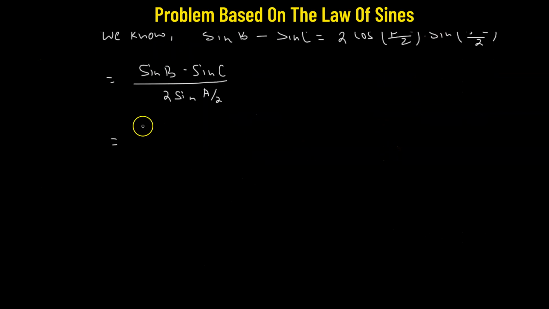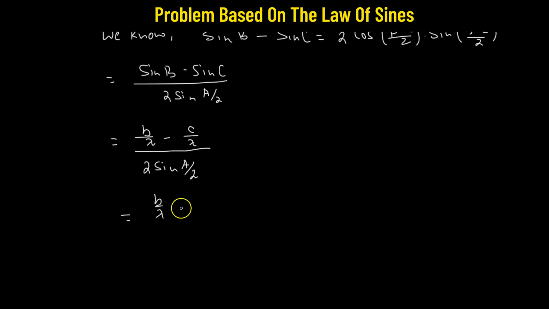So let's find it out. We have b over lambda minus c over lambda, divided by 2 times sine A over 2. Now let's do one thing. Let's multiply both numerator and denominator by cosine A over 2.